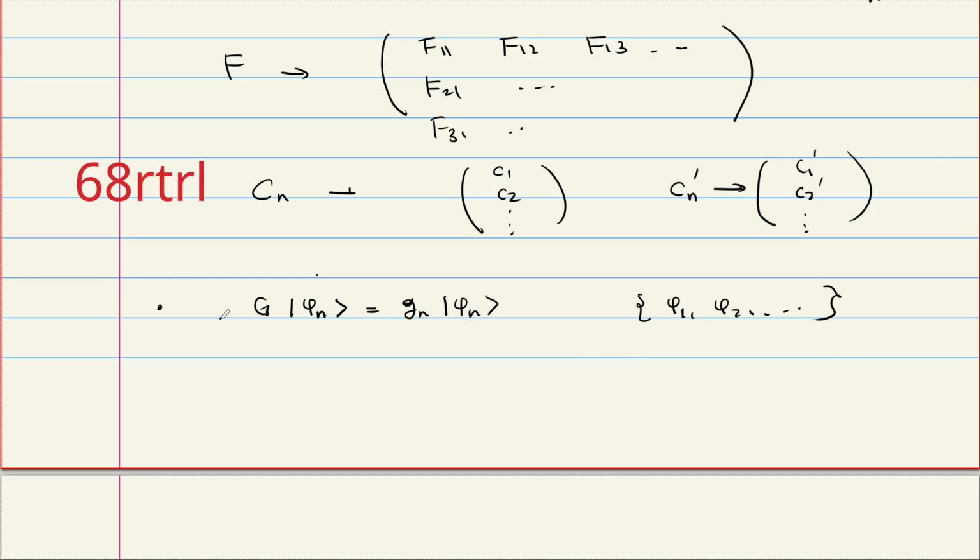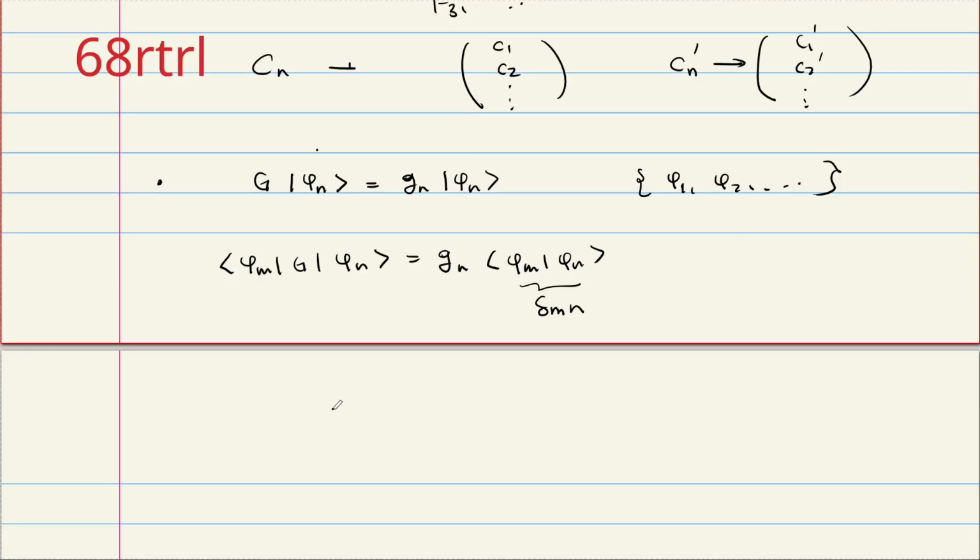If you want to look at the matrix representation of this operator G, we can take the product with phi m from both sides. Phi m G phi n is equal to g_n, which is just a number, so numbers just go through everything else, times phi m phi n. But these are orthonormal vectors, just like basis vectors in Cartesian coordinates, so this is delta m n.